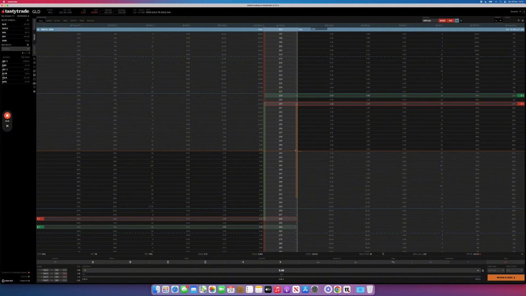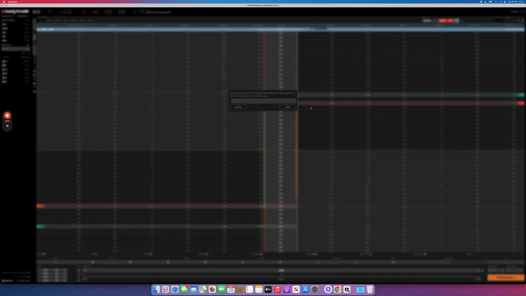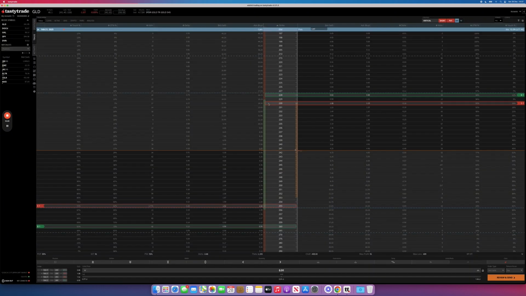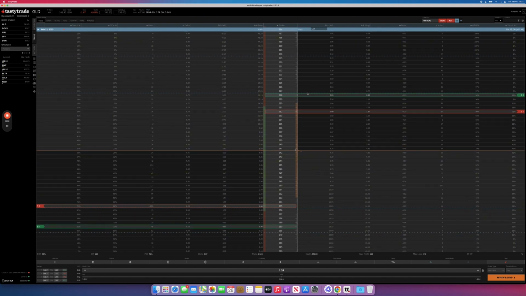Now you can also manipulate this position further. You can go to, say, the 20 delta on both sides. So we could go to the 20 delta on both sides, and we can simply widen or shorten the spread of the contracts, the spread on the long contract, basically.